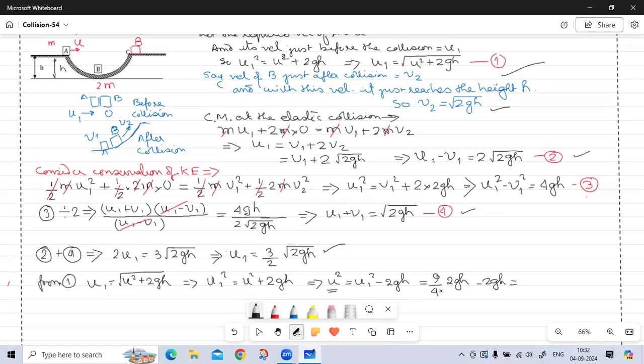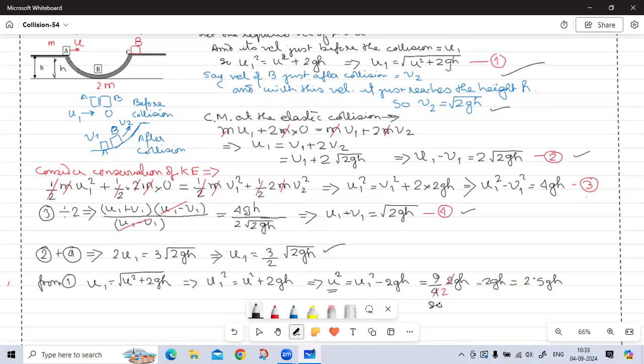9 by 4 into 2gh minus 2gh. So let us bring it to similar terms. 4 and 2 get cancelled. This is 9 by 2 gh minus 2gh. 9 by 2 gh is 4.5gh, minus 2gh is equal to 2.5gh.